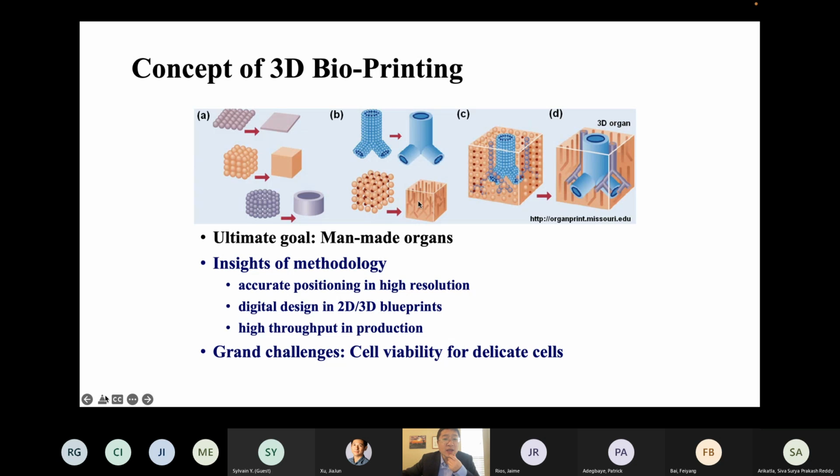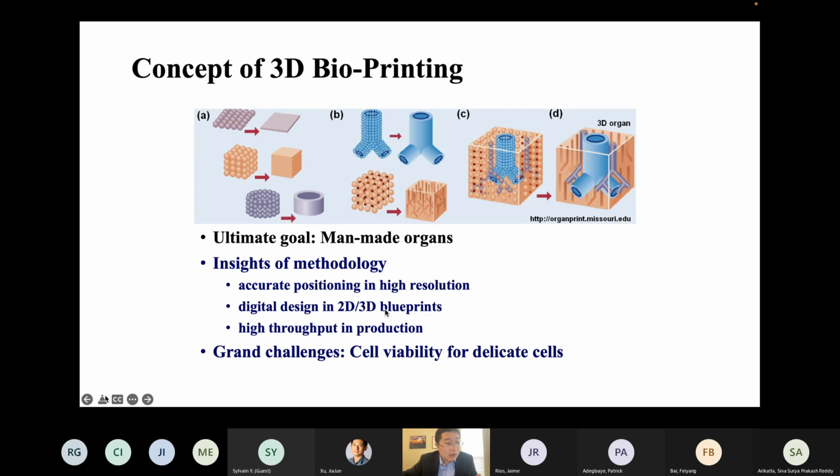The insights here clearly relate to accurate positioning. Because high resolution for printing is achieved in the technology, we can do this type of printing. And because we have 2D, 3D designs for the blueprints, it is possible.